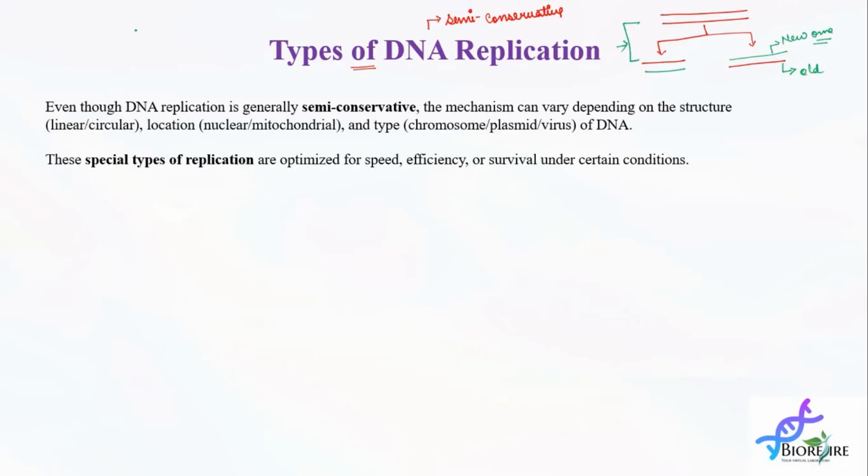Another model is the conservative model. Conservative means the original double strand is conserved and the other copy is entirely new. Next is the dispersive model. Dispersive means some part is conserved, some part is new: conserved, new, conserved, new, like this.